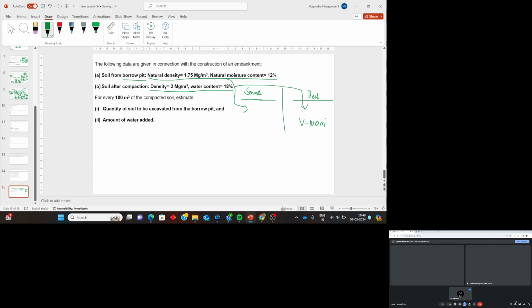Quantity of soil to be excavated from the borrow pit, how much you have to excavate? Here you have bulk density, moisture content, and volume. One part you have, another part you need to find out.